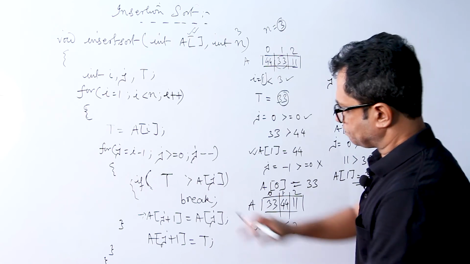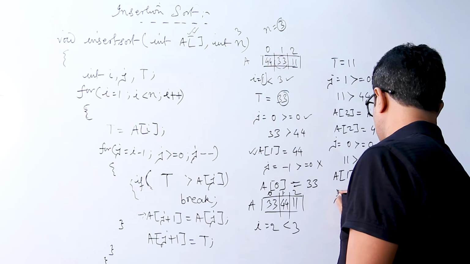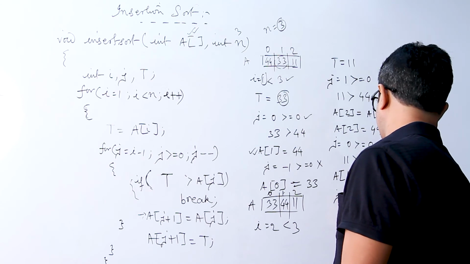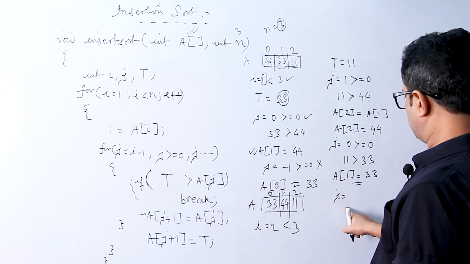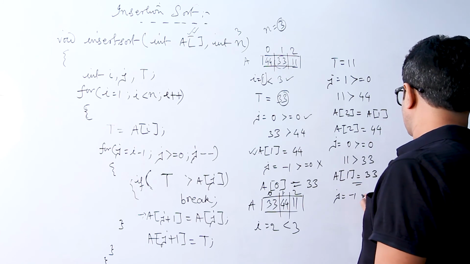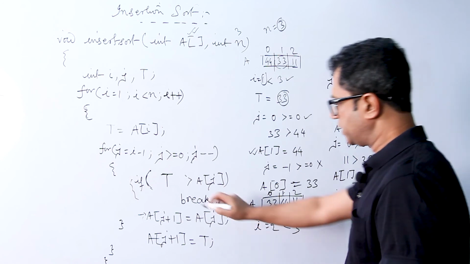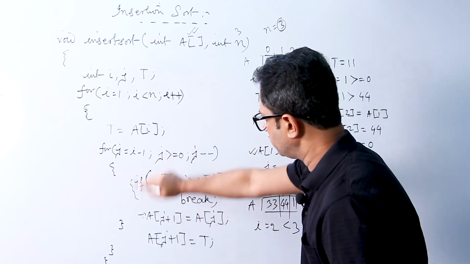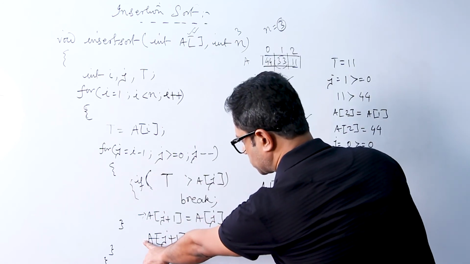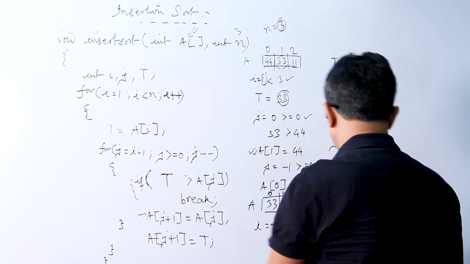After this, again we decrement j by unity. So j becomes minus 1. Minus 1 is definitely not greater than or equal to 0. So we come out of this inner for loop and come to this expression statement, A[j+1] is equal to t.